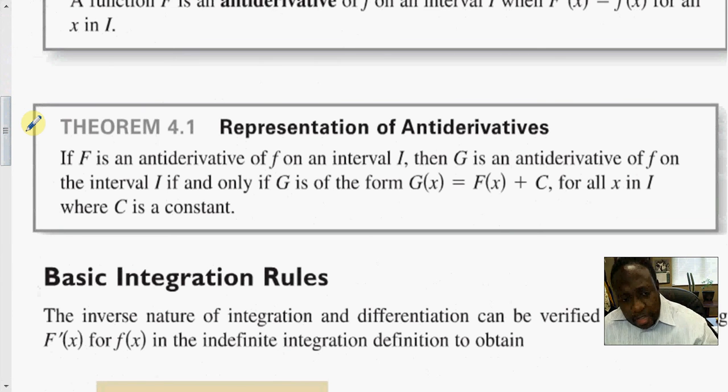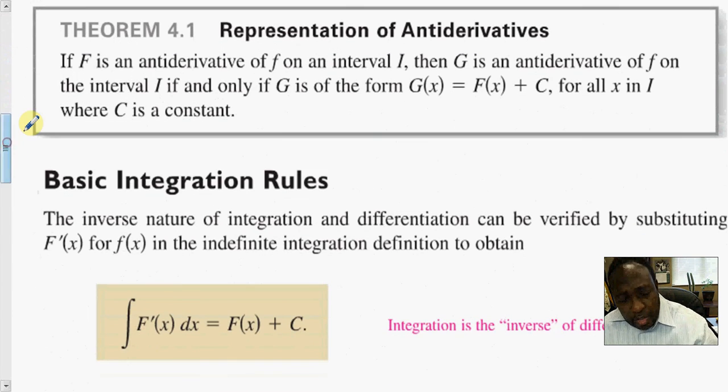And the constant c is always not created but exists, because the derivative of a constant is 0. So if you're looking at the antiderivative, there has to remain a constant as well.